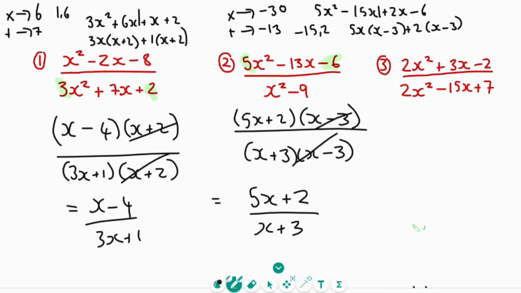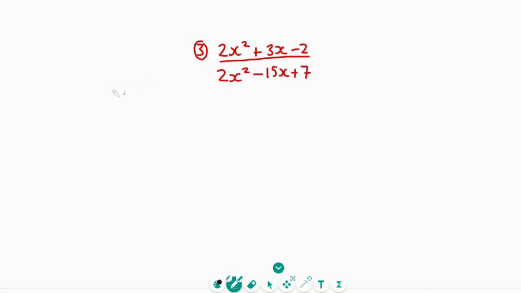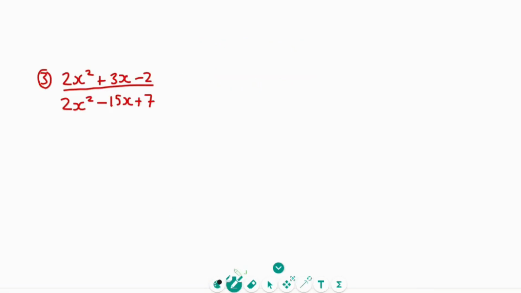Right, this next question, question 3. Need a little space to do this. Split down the middle. 2 times negative 2 is negative 4. a times b, negative 4. a plus b, 3. So we've got 2x squared. Oh, hang on, what are my two factors now? Sorry.